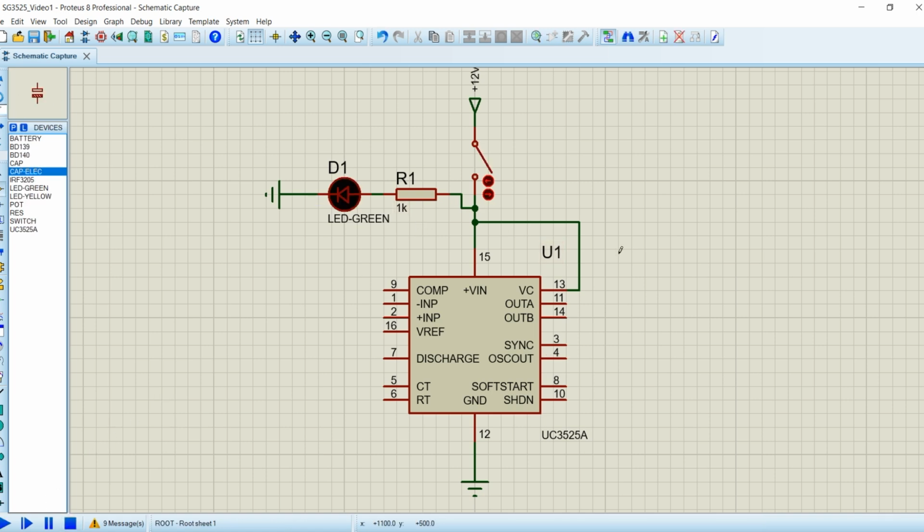Place a decoupling capacitor like 100 microfarad in parallel with a smaller capacitor of 0.1 microfarad between VCC and the ground. This is used as a filter for any voltage spikes and ensures stable operation of the IC.